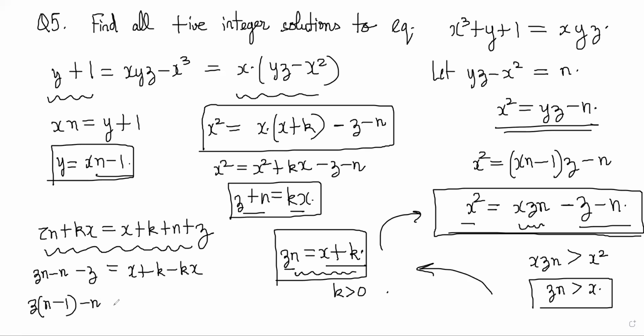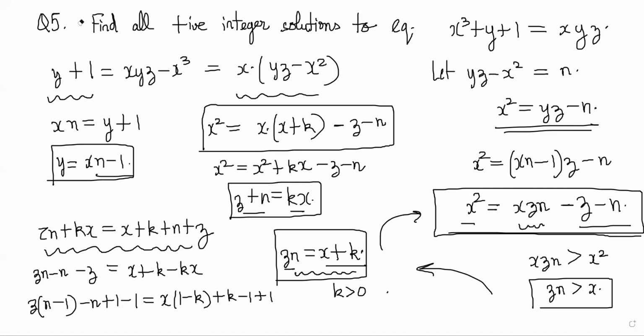How do I get an n minus 1 factor? I should do a plus 1 minus 1, right? Is equal to, I can write this as x common, 1 minus k, plus k minus 1 plus 1. I'm doing this minus 1 plus 1 and plus 1 minus 1 only to factorize it, right?